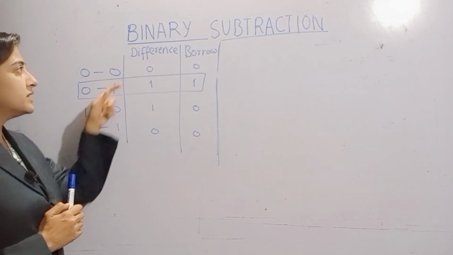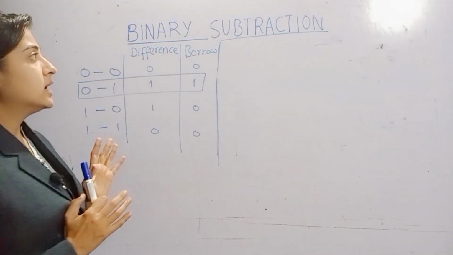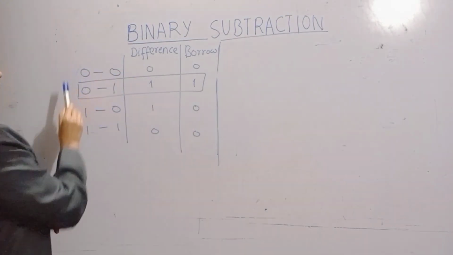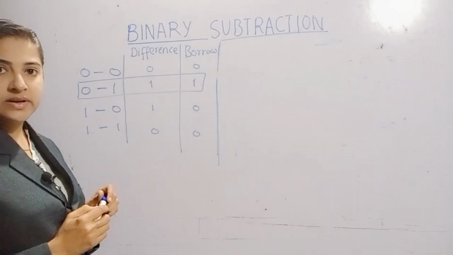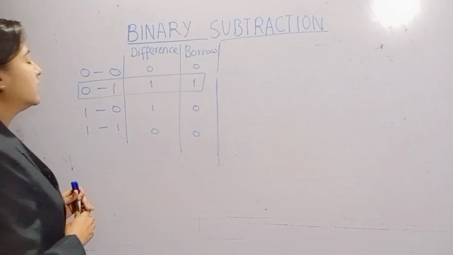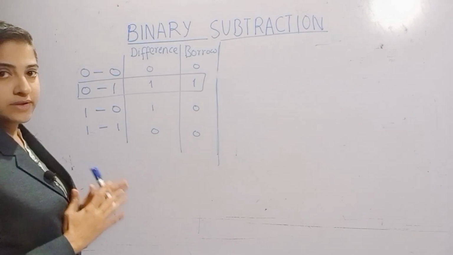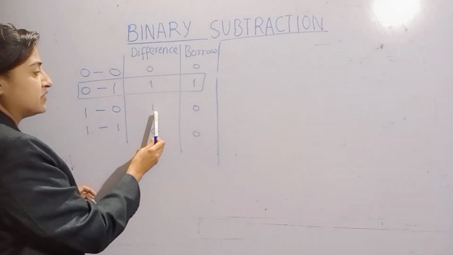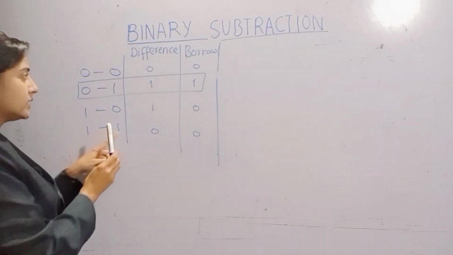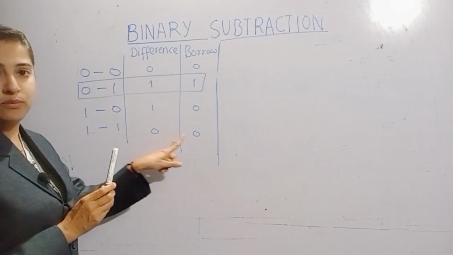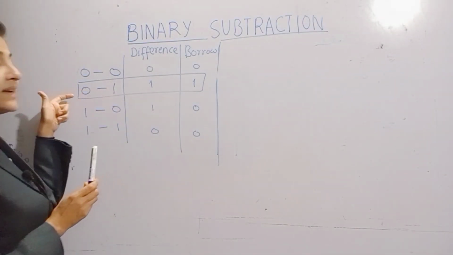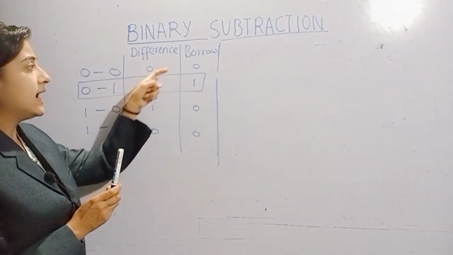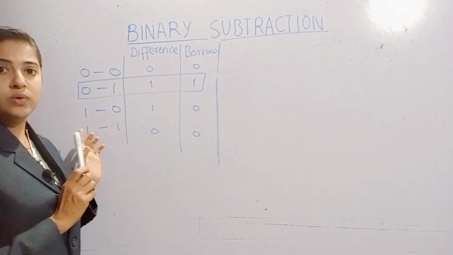We write the difference and borrow for each rule. The first 3 cases are very familiar to us, so there is nothing different here. 0 minus 0 is 0, borrow is 0. 1 minus 0 is 1, borrow is 0. 1 minus 1, difference is 0 and borrow is also 0. Now the different case is 0 minus 1, where the difference will be 1 and borrow is also 1. That you have to keep in your mind.